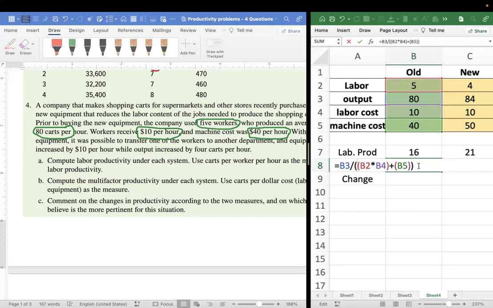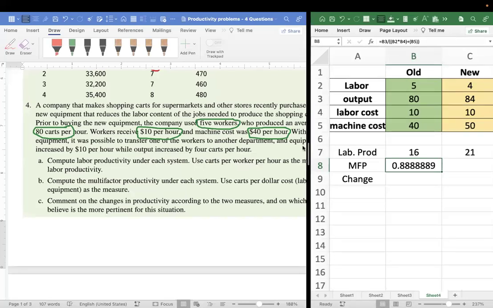By adding these extra parentheses, this numerator will be divided by this whole, not just by one of them, and that answer would not be added to this B5 or machine cost; rather, it means that this B3 is being divided by this whole sum. Okay. And when I put these parentheses and hit enter, that would give me 0.89.